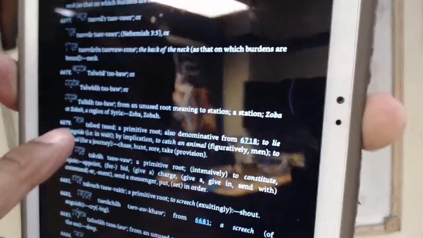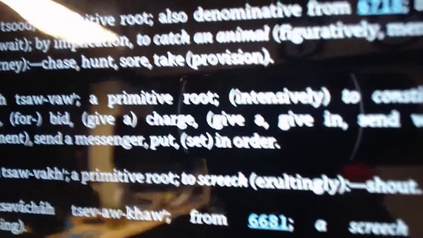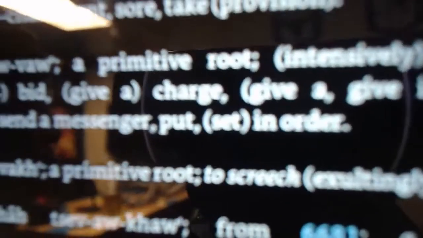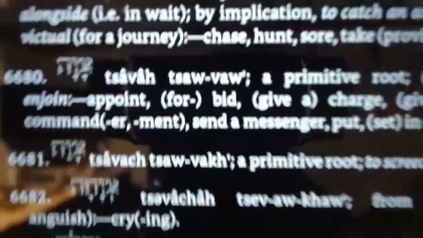Let me just keep going in. Taza, there we go. Tazawad right there. It was coming along. Go back up. Right here is better.